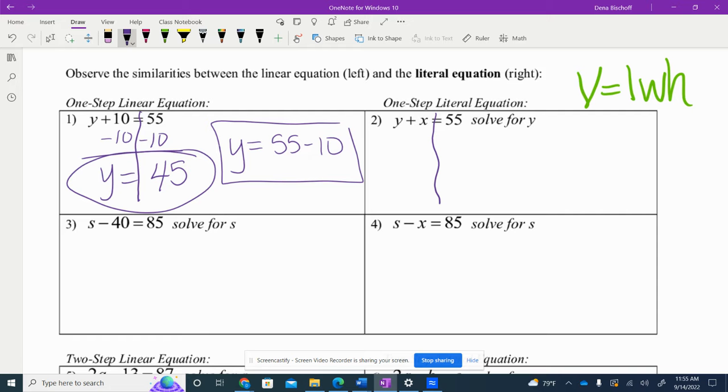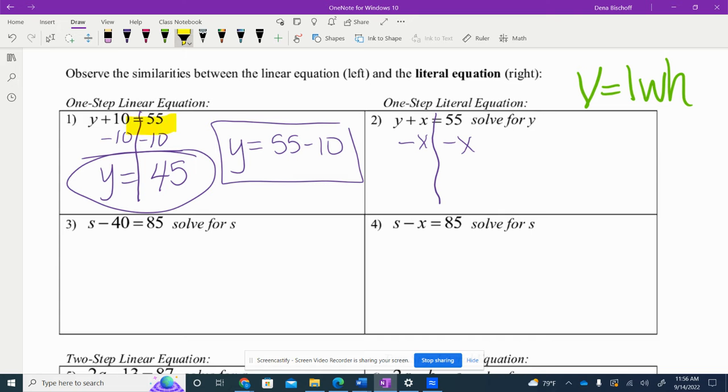Now look at the equation on the right. That says y plus x equals 55. I'm trying to get y all by itself. I want to solve for the variable y. So how do I get y all by itself? Subtract what? What is right next to y in the second equation? X. So I'm going to subtract x from both sides.